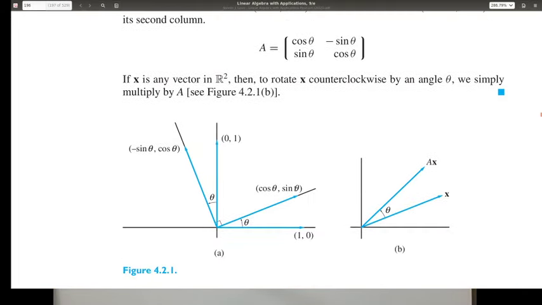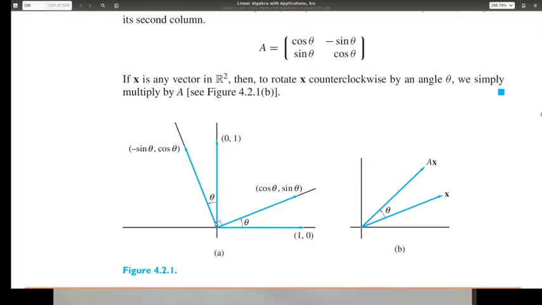Notice these are the two figures that will help us see. First, if you take this 0, 1 vector and rotate it theta degrees counterclockwise, then this vector is mapped onto this vector. You can apply a bit of geometry and see that the length of this vector is minus sine theta and the height is cosine theta.